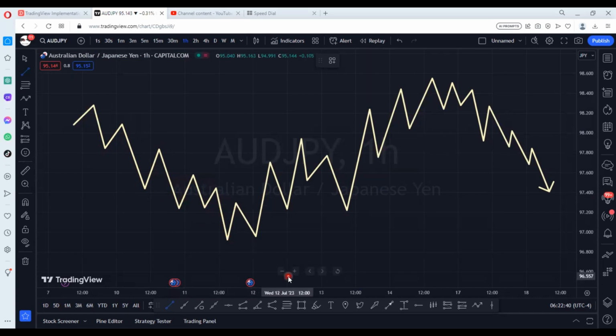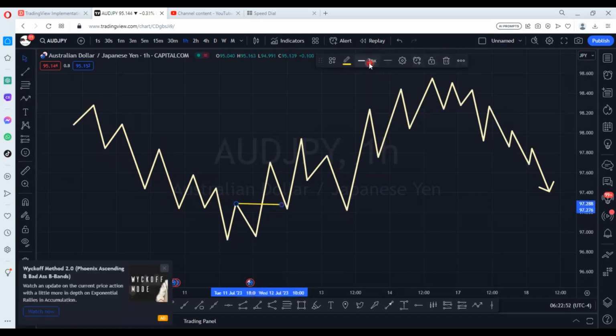So, like I said, this is what we should see. We should always watch out for the last lower high. In this case, this is the last lower high, and we see a break of structure.